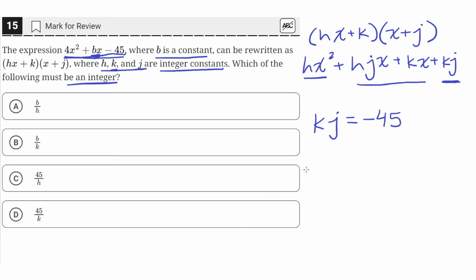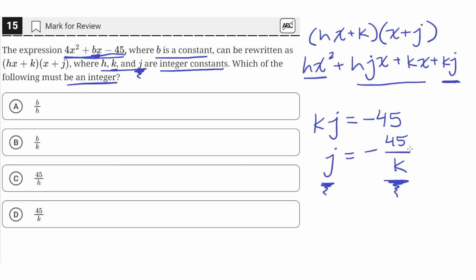So that means that the quantity j equals negative 45 over k. So j must equal negative 45 over k. But we were given that j is an integer constant. So this j here is an integer, which means the right-hand side must also be an integer.